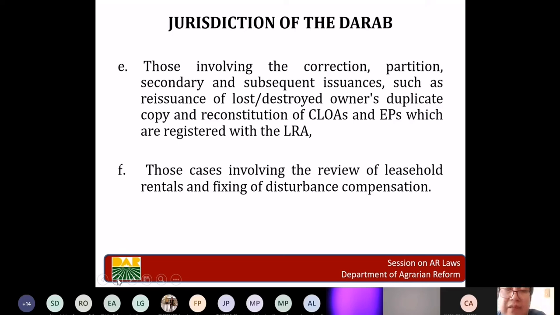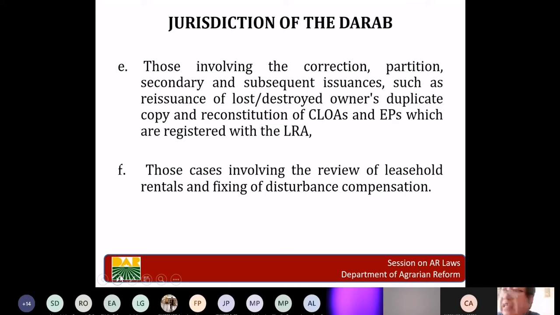But as I had discussed before, when DAR was given the quasi-judicial power under Section 17 of EO 229, which was reiterated under Republic Act 6657, that grant of quasi-judicial powers to the DAR delimits the jurisdiction of the regional trial court to just only two cases. All other cases involving agrarian reform matters are within the jurisdiction of the DAR.